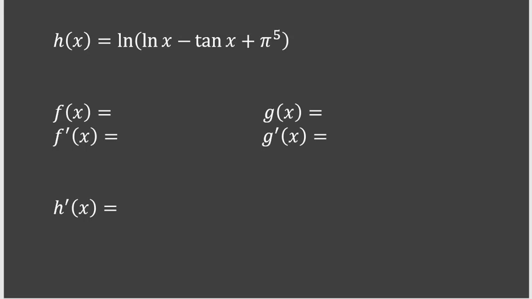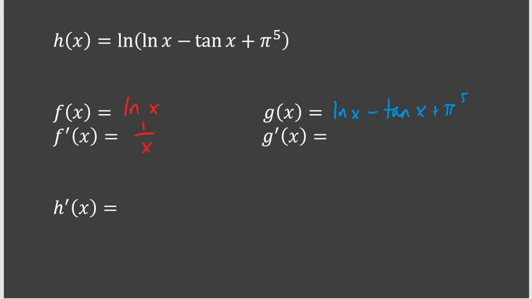So g of x is natural log x minus tan x plus pi to the fifth. And then all that stuff is being plugged into natural log x, which is going to be my f of x. The derivative of natural log x is 1 over x.